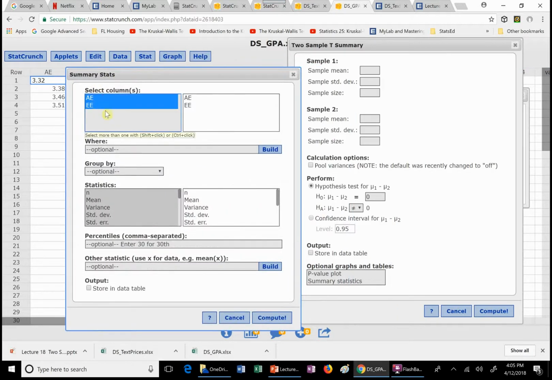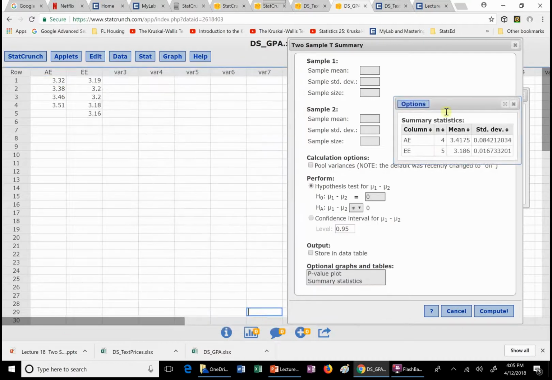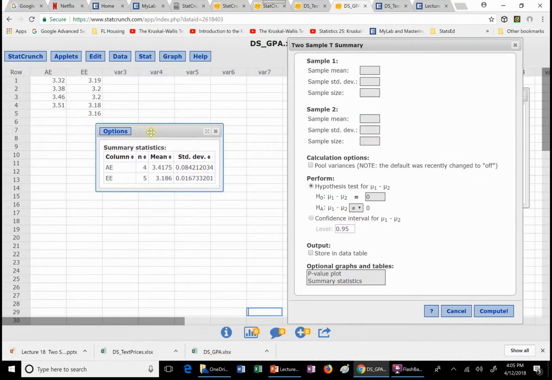So I want it for both of these. And all I want is the sample size, the mean, and the standard deviation. That's all we need. And now you can just copy and paste those values right into the little window.